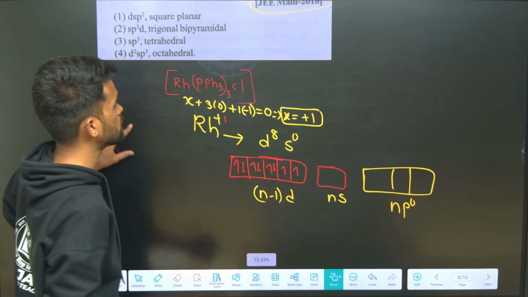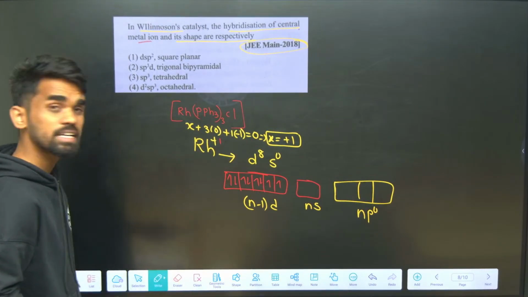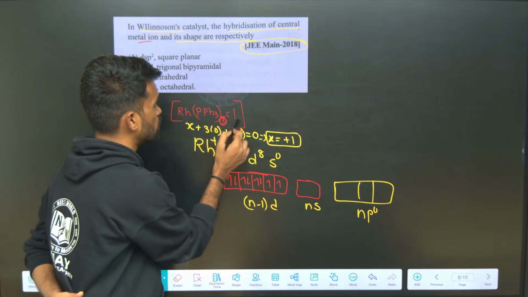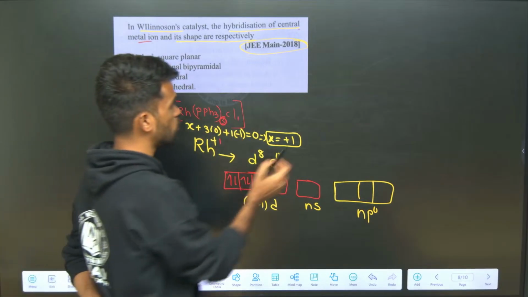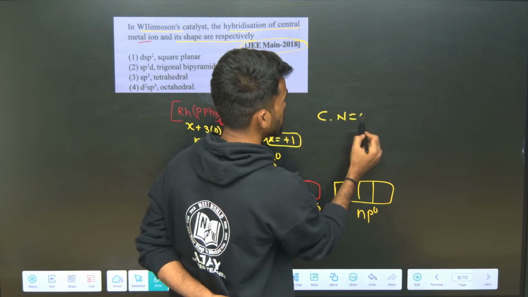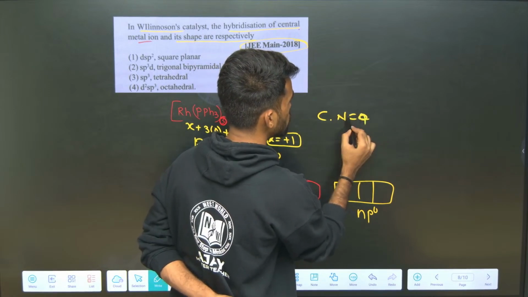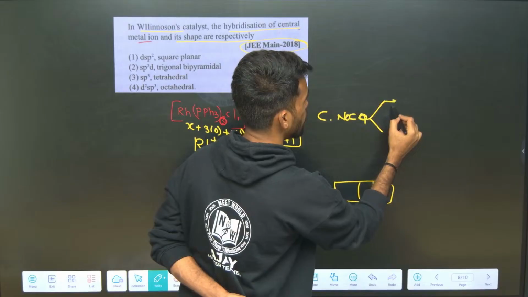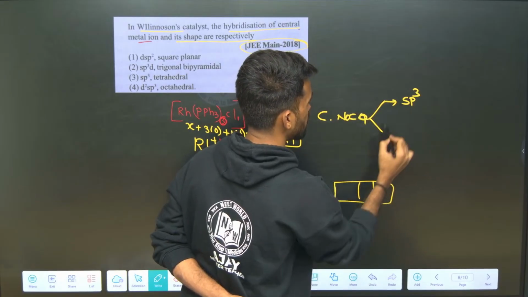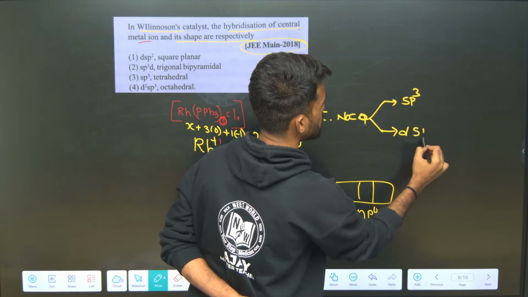Now see how many ligands are given here. 3 plus 1, so 4 ligands are there. The coordination number is 4. With coordination number 4, we have the possibility of either sp3 hybridization or dsp2 hybridization.